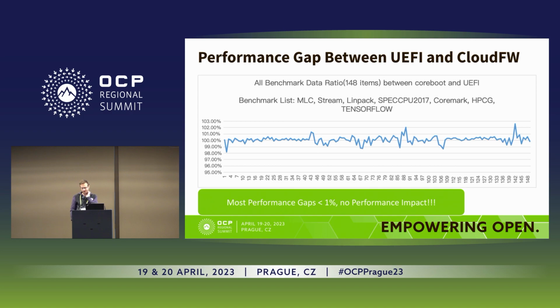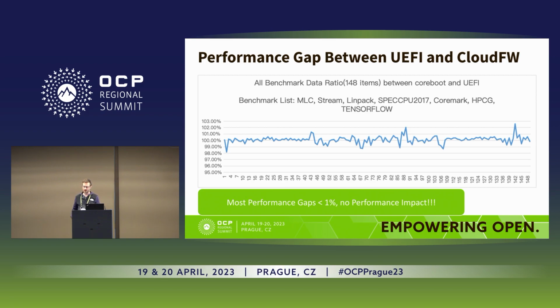The nice thing that they noticed is that there's no performance impact at all switching from the traditional stack to the coreboot stack. They had over 150 different performance measurements, and how you read that chart is that on the x-axis are the tests they ran, and if the y-axis is 100%, it's really on par with the UEFI solution. They took coreboot and UEFI next to each other and did the same tests on the same platforms, just with a different firmware stack.